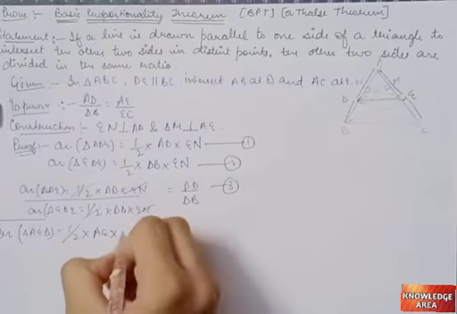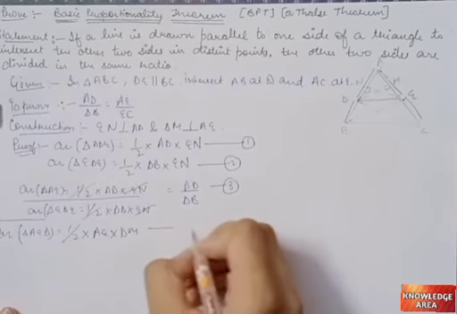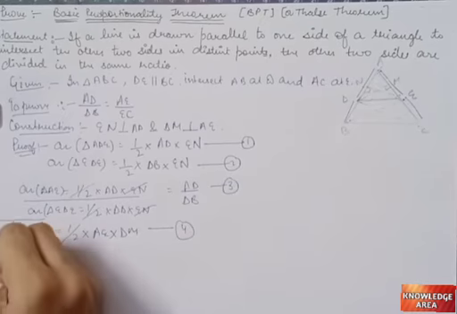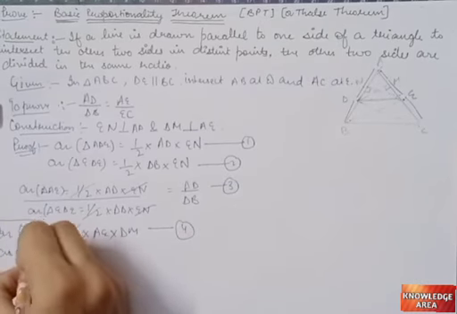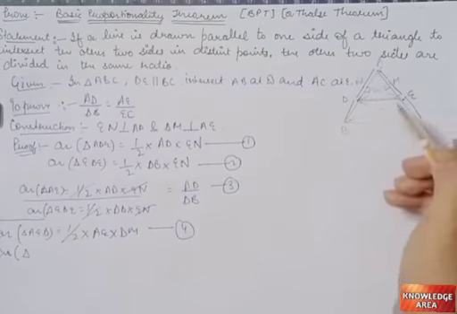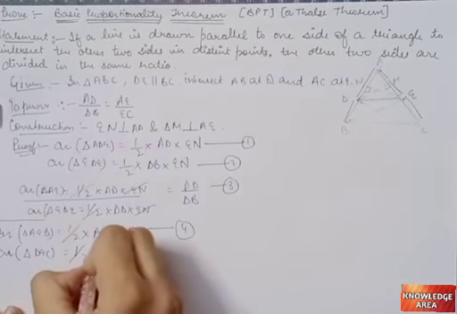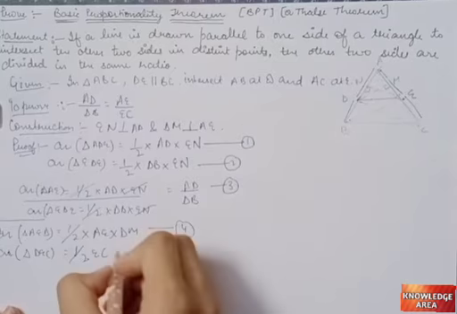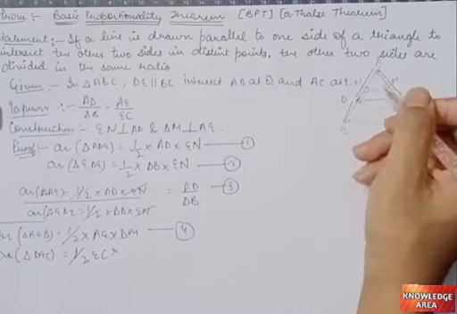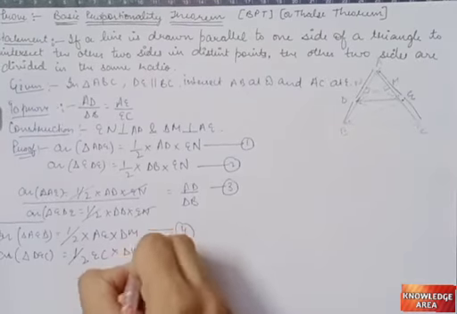This is our equation 4. Now the next triangle will be DEC, or you can take CED. DEC is equal to half into EC into again DM. It will be the height of this triangle. Equation 5. Now again we will divide them.